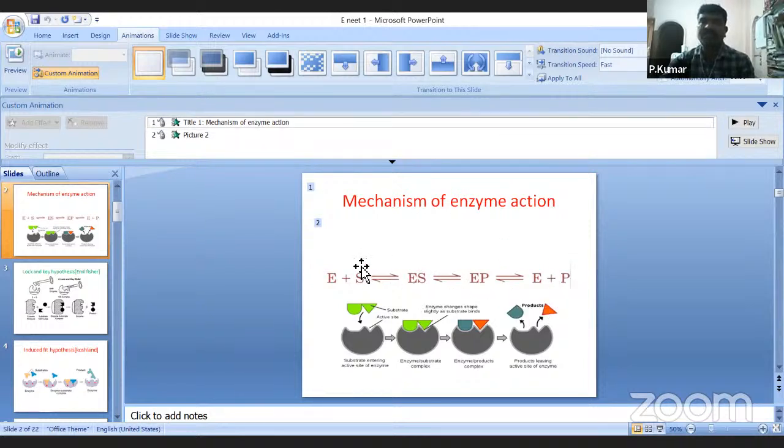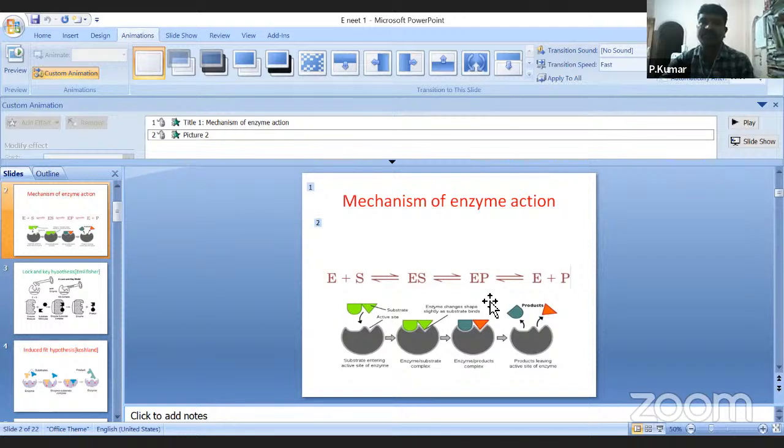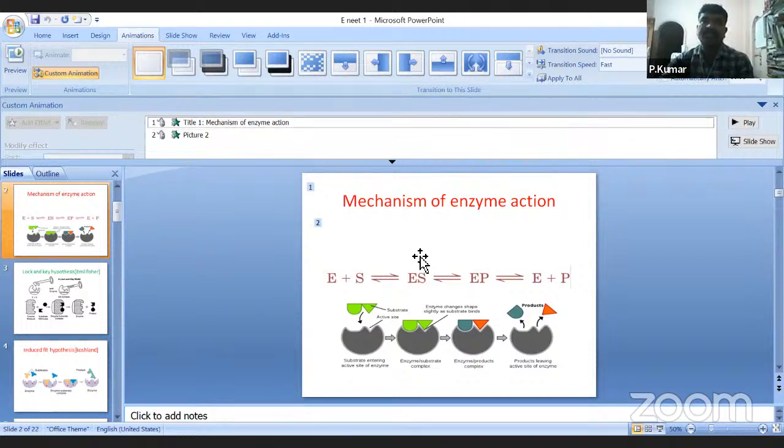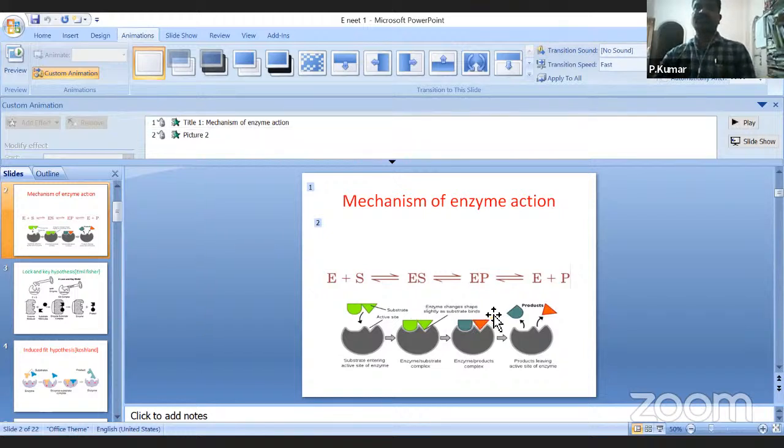This is called the mechanism of enzyme action. Each enzyme has a specific active site. These sites help the fitting of the substrate, and the enzyme reacts on the substrate at the active site. When both are fused, that complex is called the enzyme-substrate complex. The substrates are then converted into products. So this is the mechanism of enzyme action.